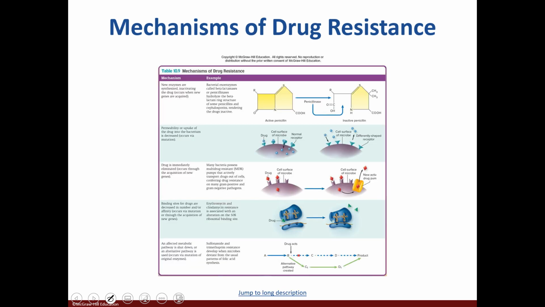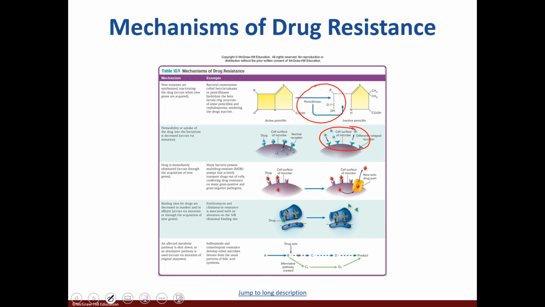There are several mechanisms in which the organism can utilize these resistance genes. They can create enzymes that can inactivate the antibiotic, making it useless. They can decrease the rate at which the drug binds to receptors, thus decreasing how much drug comes in.